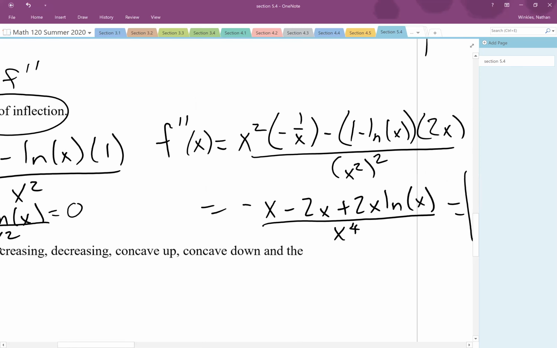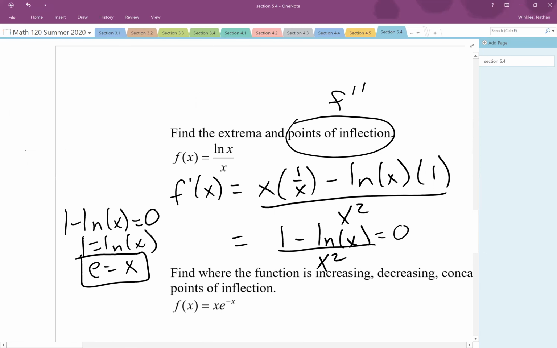So coming back over here to work with our extrema now. So we have e as our value, so we can plug in 0, we can plug in 3 to see what's going on. So we can't plug in 0, we have to plug in, say, 1.